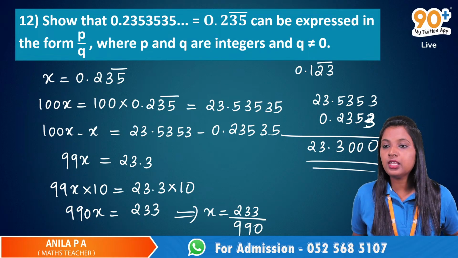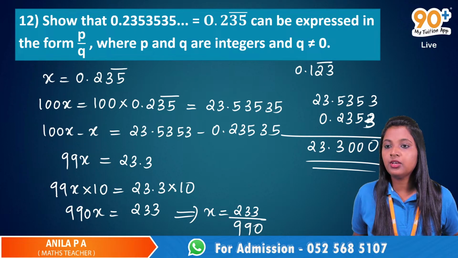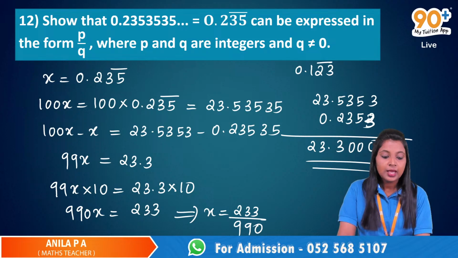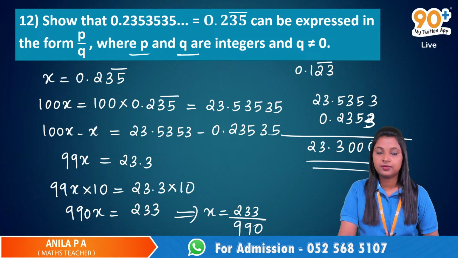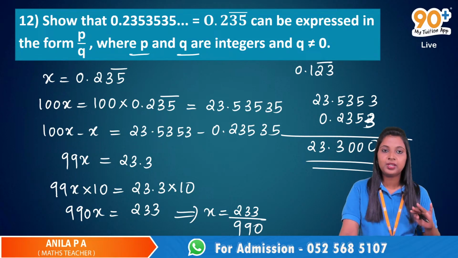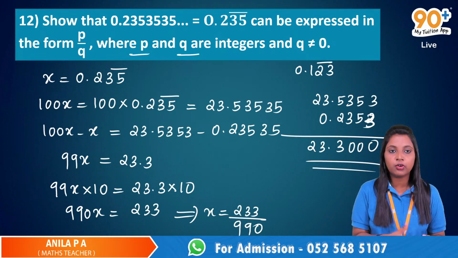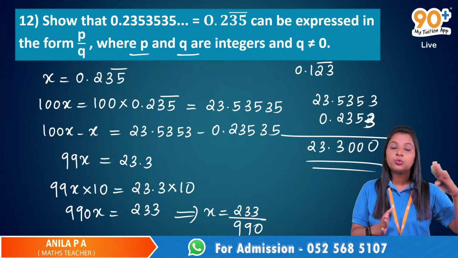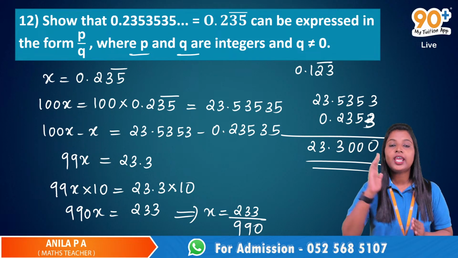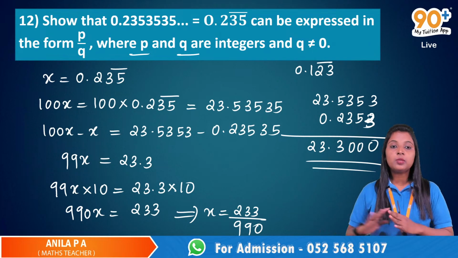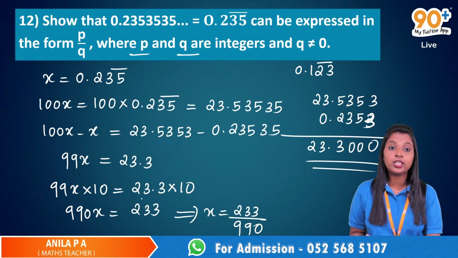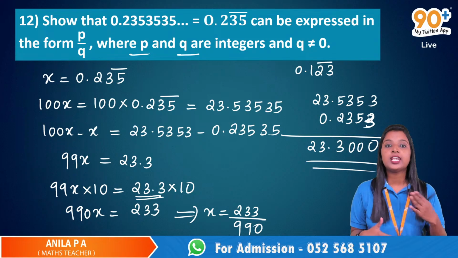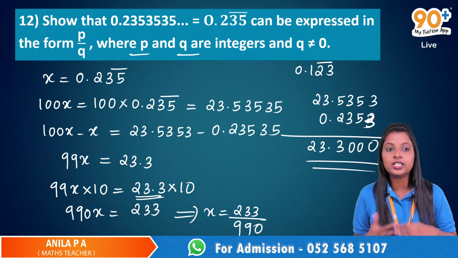23.3 by 99, fine, but you have to multiply it by 10 because p and q are integers. To be precise, they are co-prime integers. We always write it in the simplest form, but at least they are integers. Integers include 1, 2, 3, 4, etc., 0, then -1, -2, etc. 23.3 is not an integer, it is in decimal form, so that is not appreciated.